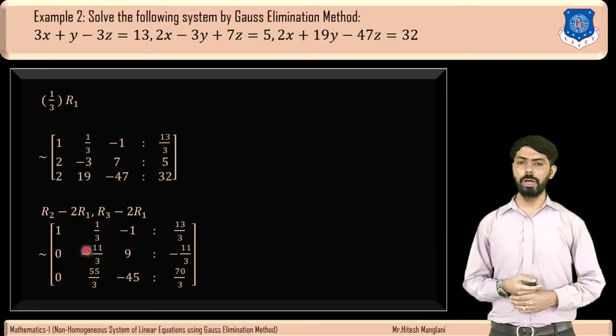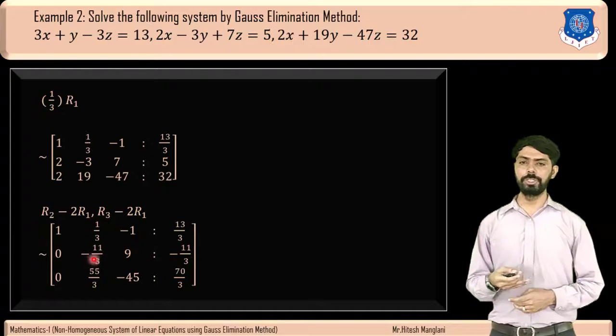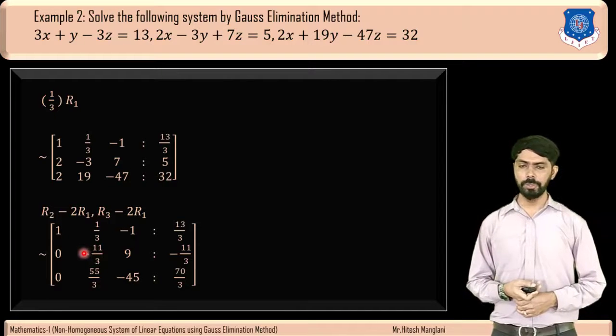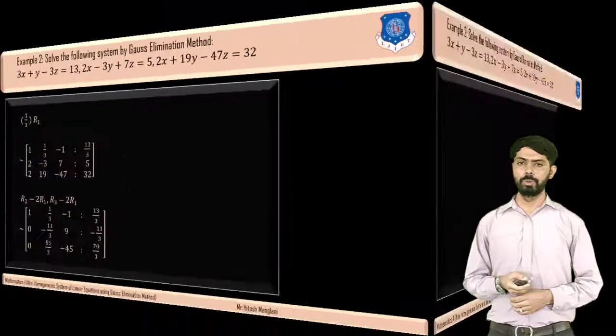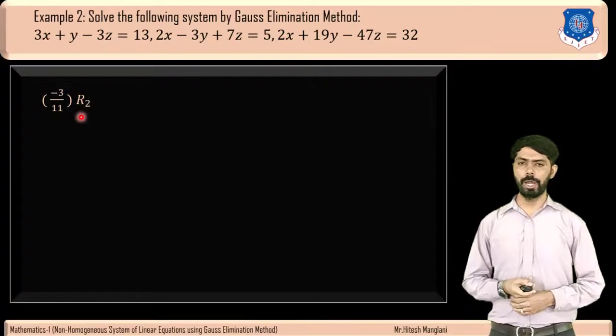But according to the definition of row echelon form, we will have to convert this minus 11 divided by 3 to 1. So for that, we will multiply the second row by minus 3 by 11. We will use the row operation minus 3 divided by 11 into R2.